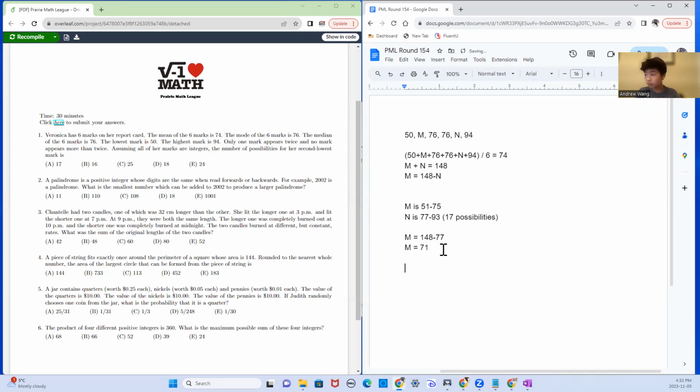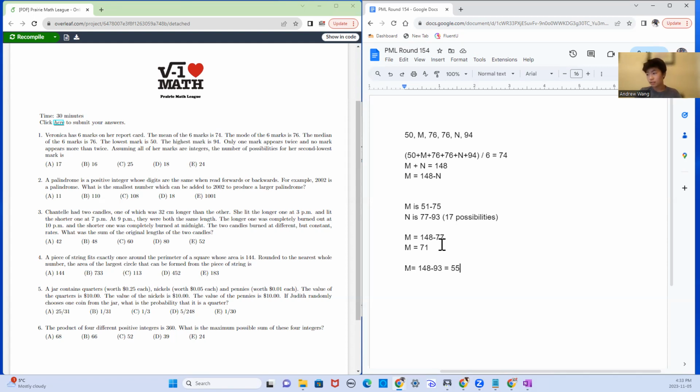And then when we put the largest N value, which is 93, we put M equals 148 minus 93. That gives us 55.